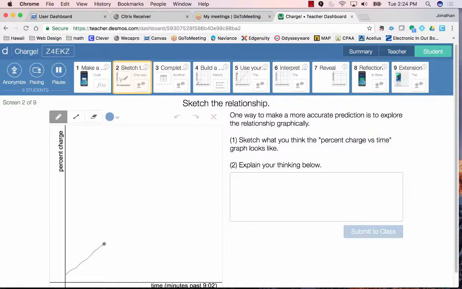I think it would do a steady, steady charge. It would be most like a straight line until eventually it reaches 100%. There we go. It's going to be a straight line. It's charging. Halfway would be 50. Eventually it would get full charge.